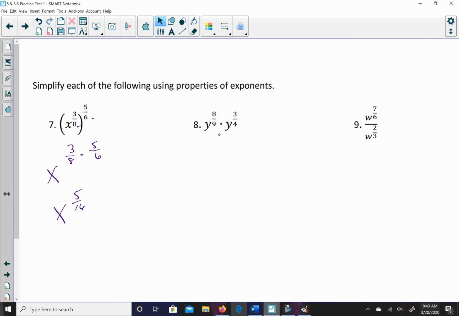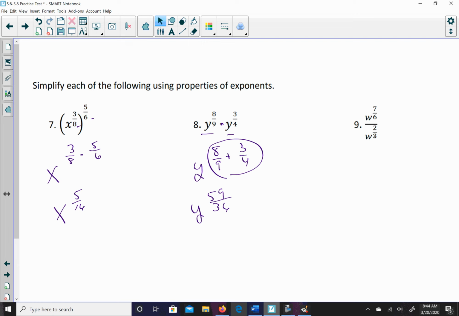When I have the same base and I'm multiplying, that means I'm going to add the exponents. So this will be y to the 8/9 plus 3/4. When I add these, I'm going to end up getting y to the 59/36, because I had to have a common denominator to add. If you're not good with fractions, throw them in your calculator.